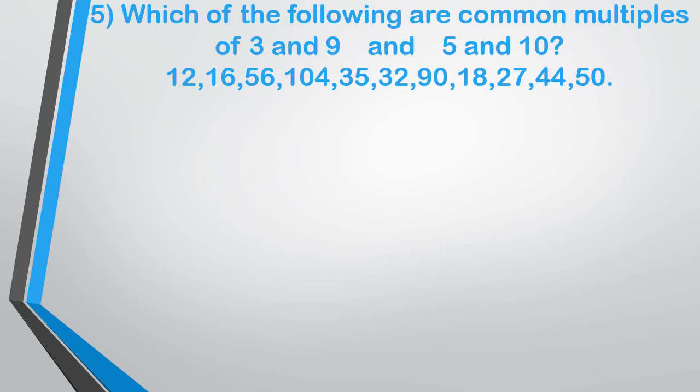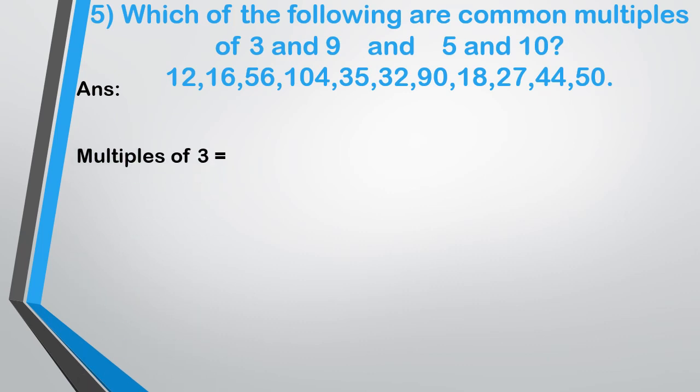So the numbers are 12, 16, 56, 104, 35, 32, 90, 18, 27, 44 and 50. Now we have to check these numbers. So for that we have to first write the multiples of 3, then write multiples of 9, then you have to choose the common multiples. The same way, you have to write the multiples of 5, multiples of 10, then choose the common multiples.